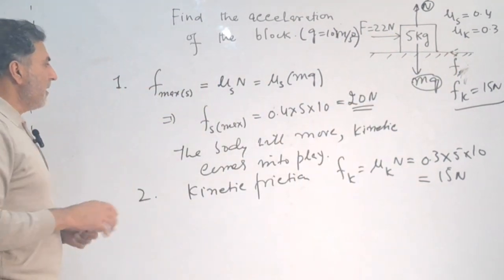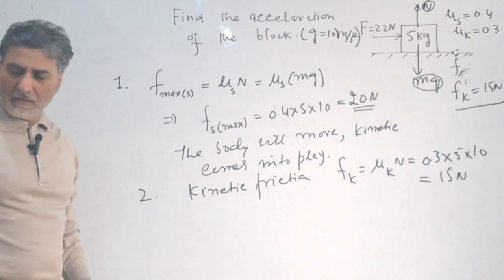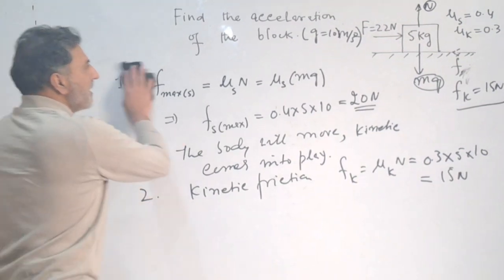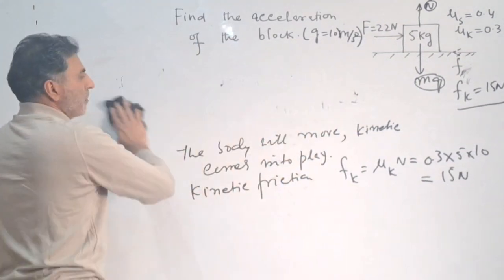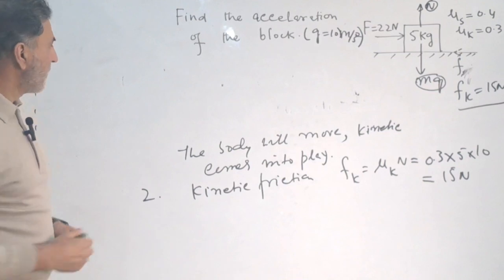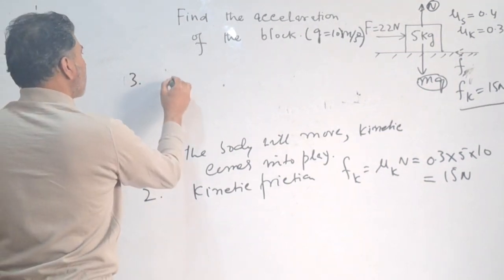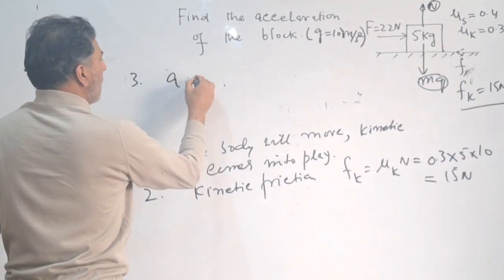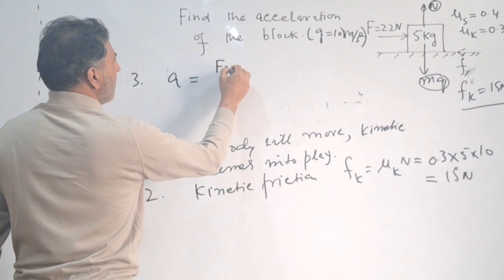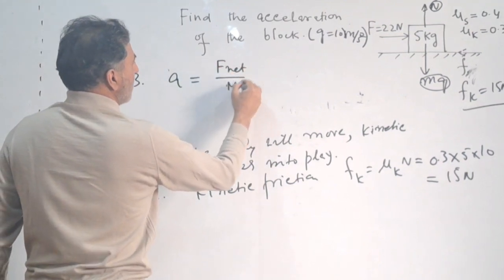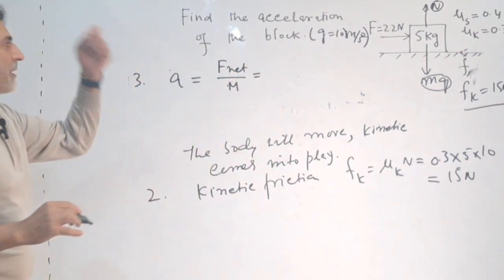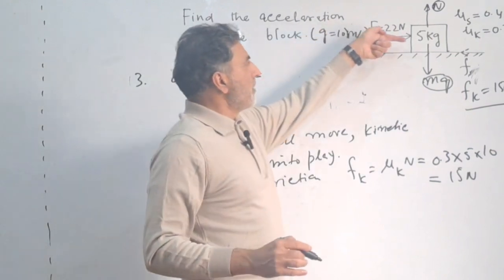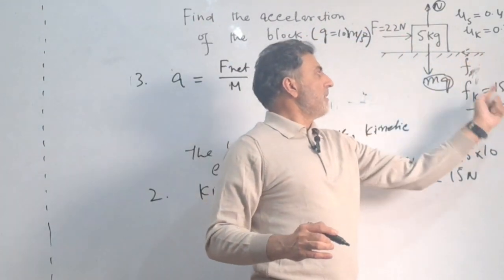Now, third step. What is the net force? Acceleration of the block is equal to net force, F net, by mass of the body. What is F net? Now the body is under two forces, forward 22 Newton and backward, that is 15 Newton.